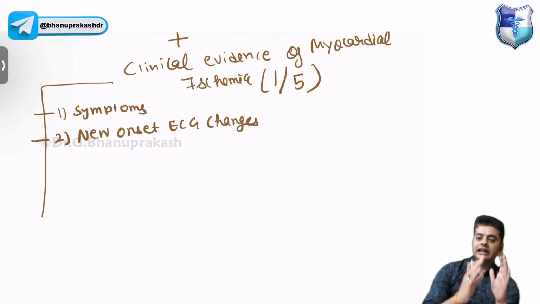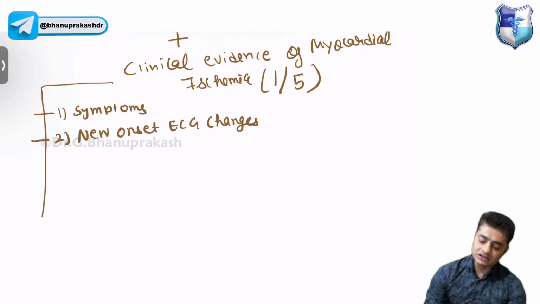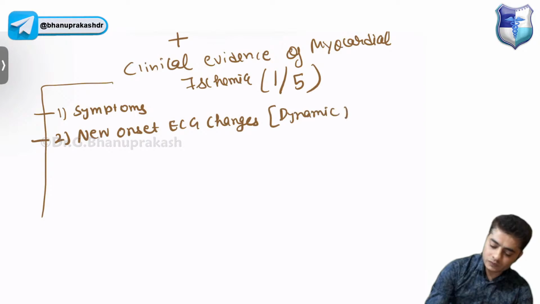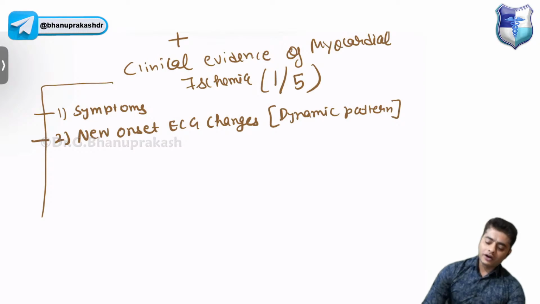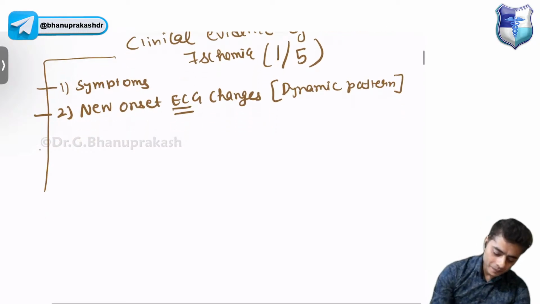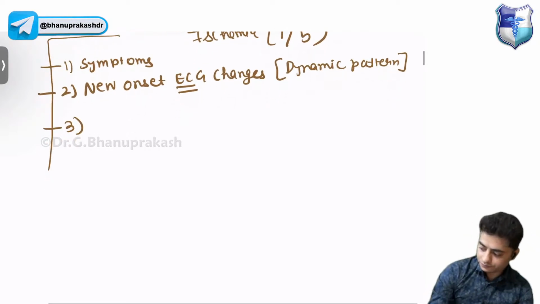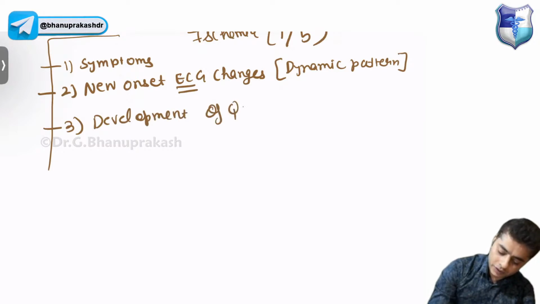It means, just like the acute rise in Trop T and Trop I, there should be acute changes in the ECG, which is known as a dynamic pattern. So you have to see subsequent ECGs, and according to that, you will see new onset ECG changes. Third is development of Q waves.